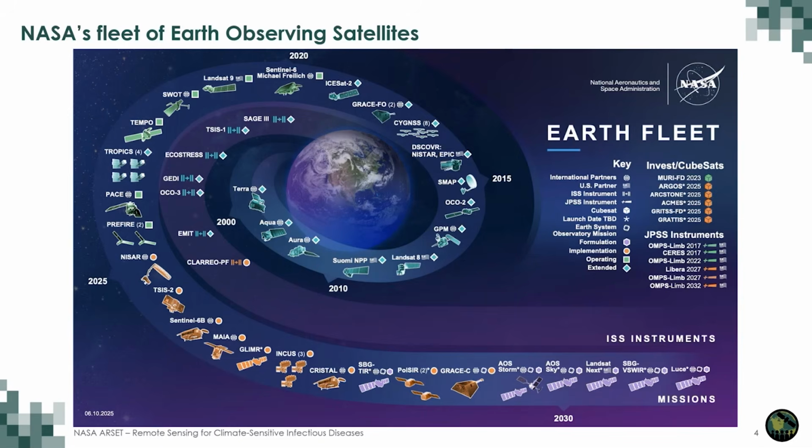Other space agencies, European, Japanese, Brazilian, have their own satellites in orbit. And all these systems are dedicated to observing the Earth systems. But I have to admit that not a single one among these is specifically designated for monitoring infectious diseases. So why are we here today looking at this picture?